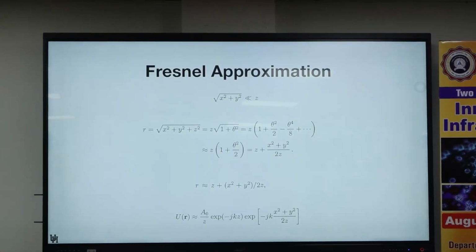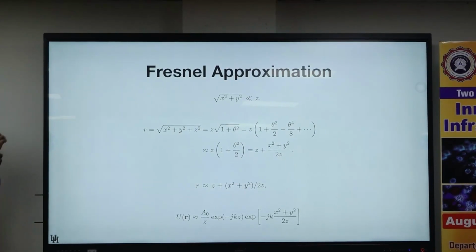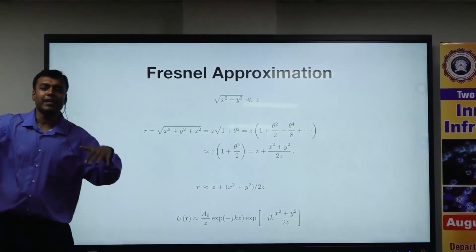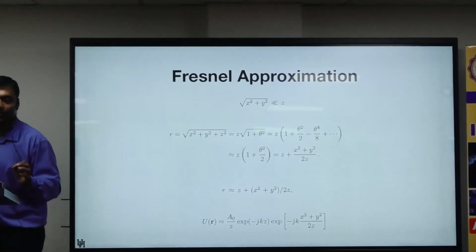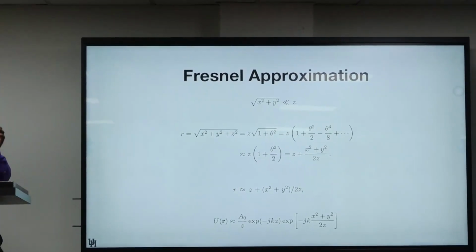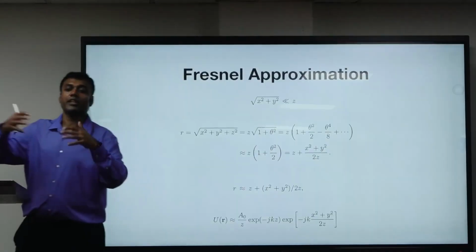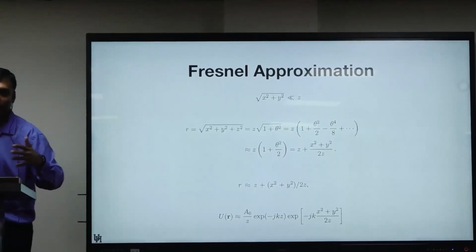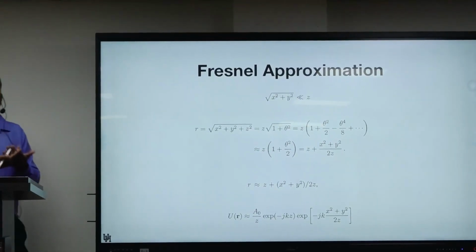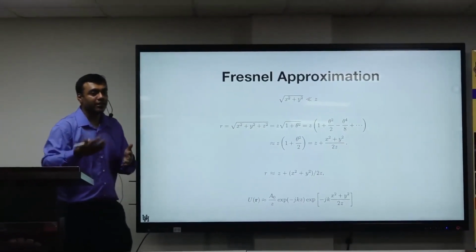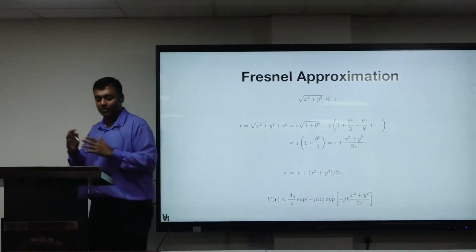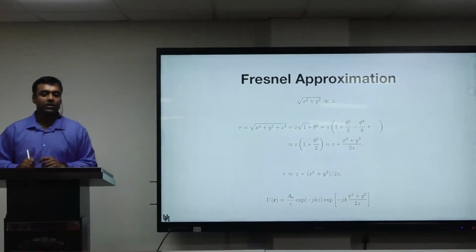Where we are going in the next few slides is that any complicated wave can be thought of as a combination of plane waves in different directions or spherical waves in different directions. This is what's called the plane decomposition or angular spectrum decomposition. We'll get to that in the next few slides.